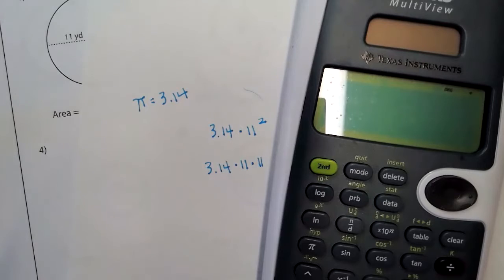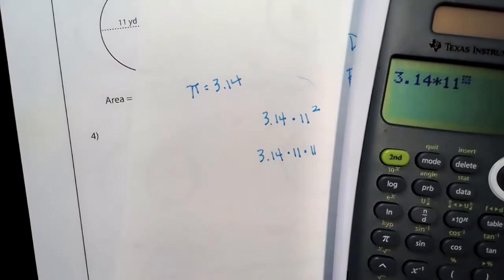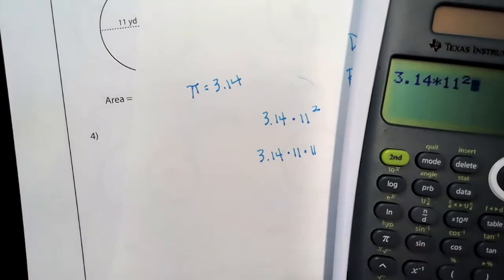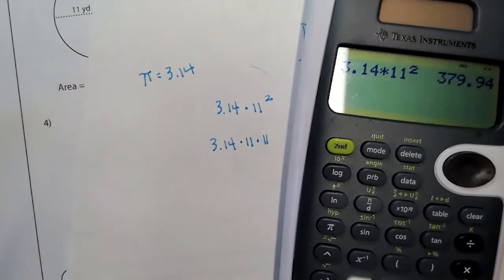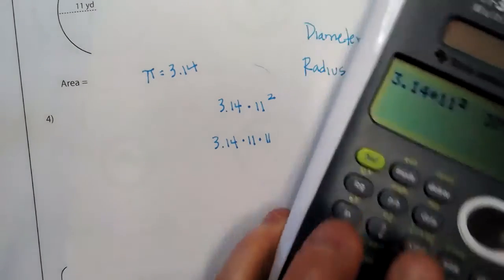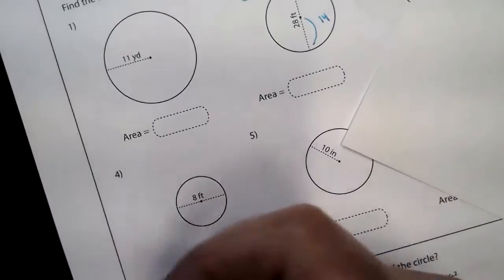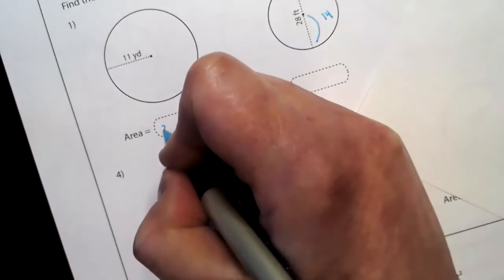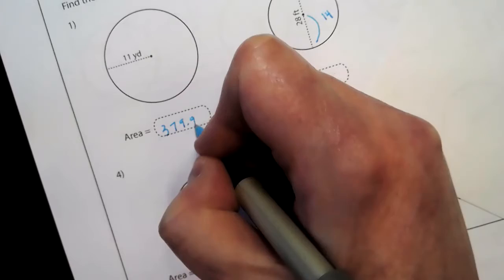We've got 3.14 times 11, hit that tent, 2, because it's squared, arrow out of that, and hit enter. 379.94. So the area of this is 379.94.